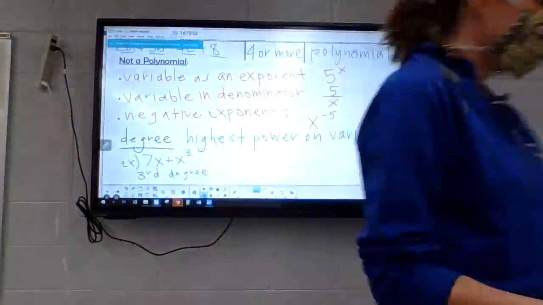So 5 and 2, we get 7. And then we don't change our variable at all. So leave the variable and exponent as is. It's going to be 7x to the third.